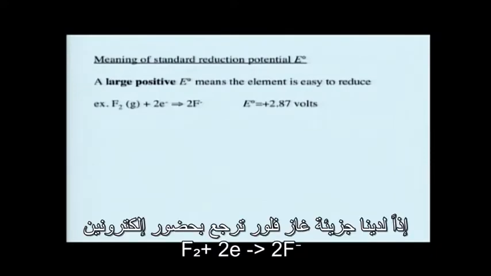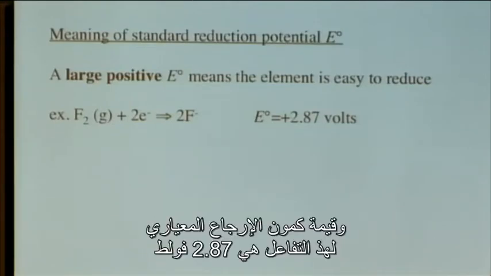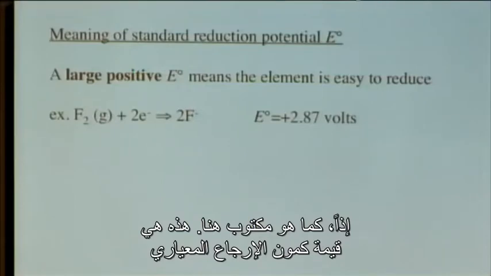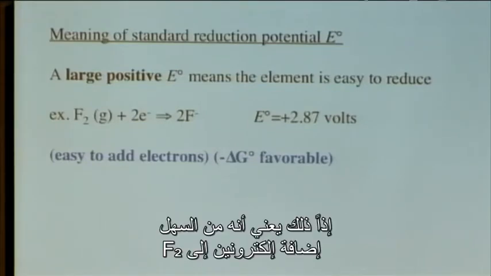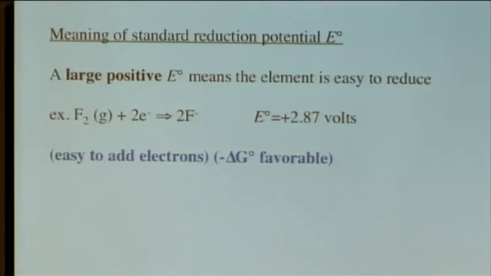So we have F2 gas plus 2 electrons going to 2 F minus. And the standard reduction potential for this is measured at plus 2.87 volts. So as written, that's the value of the standard reduction potential. That's a large positive number. So that's going to mean that it's easy to add electrons to F2. The delta G naught would be favorable for that.